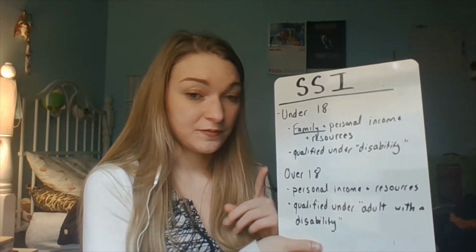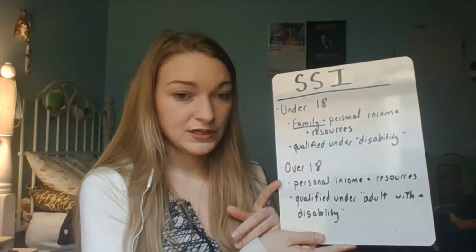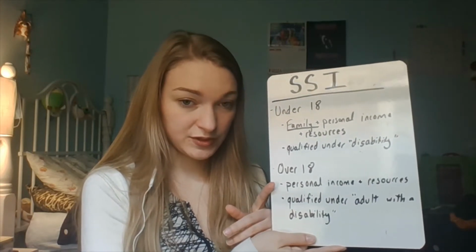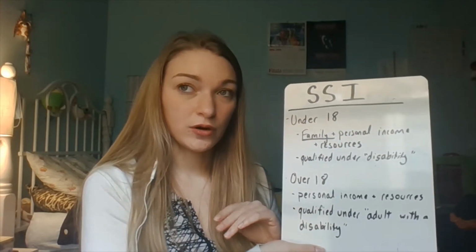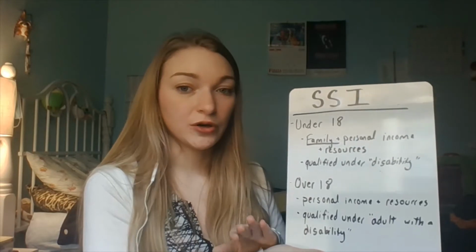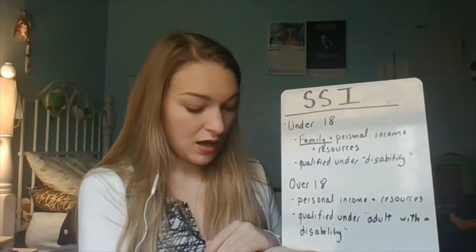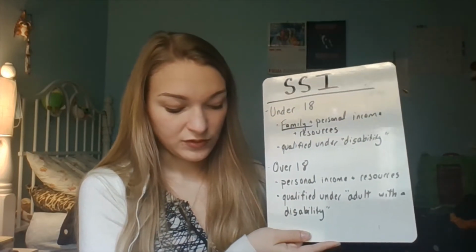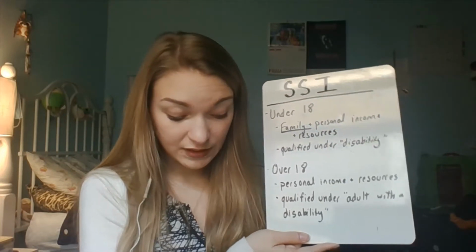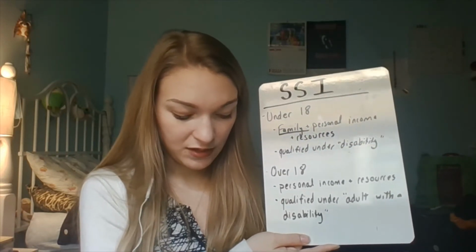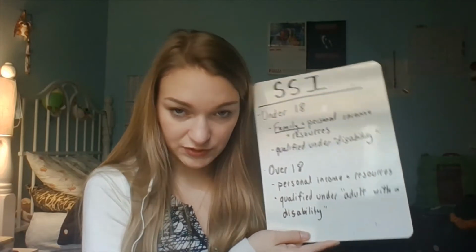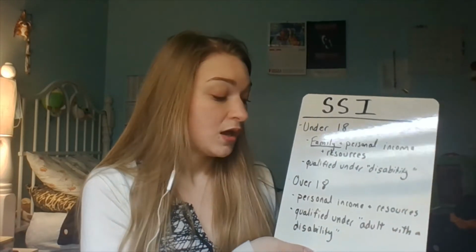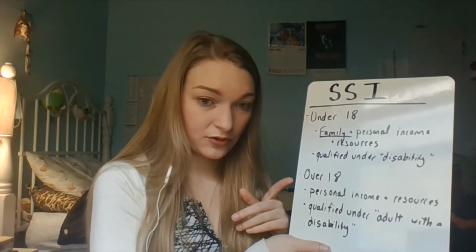Once you're 18, it's only related to your personal income and resources. So your parents' income no longer is a part of that. And to meet the rules, they must not be working or earning more than $1,260 a month. So that qualifies them in that category.